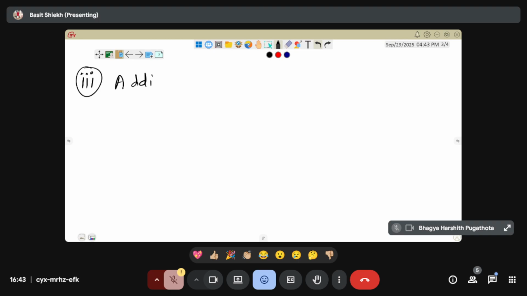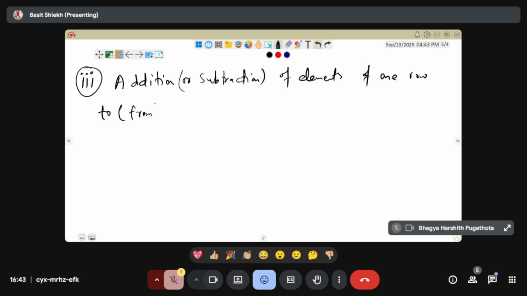Either you do addition of elements of one row, or when we are doing subtraction, we subtract from the corresponding elements of the other.